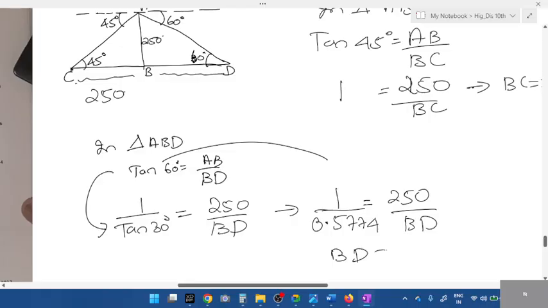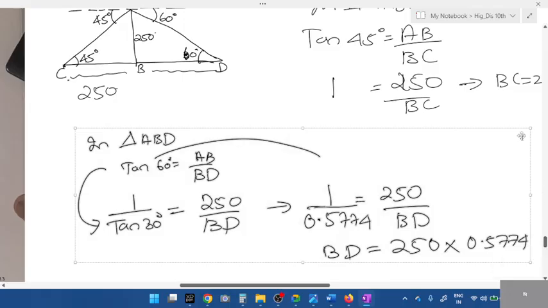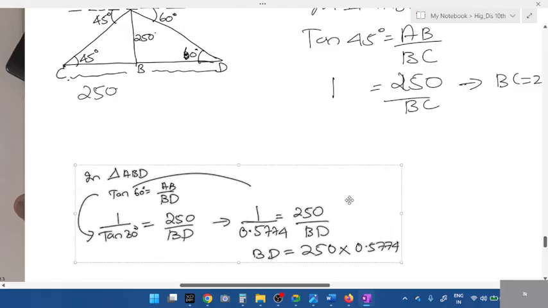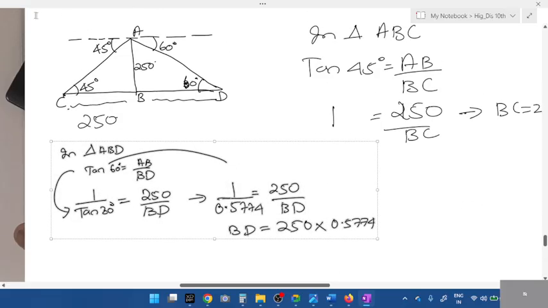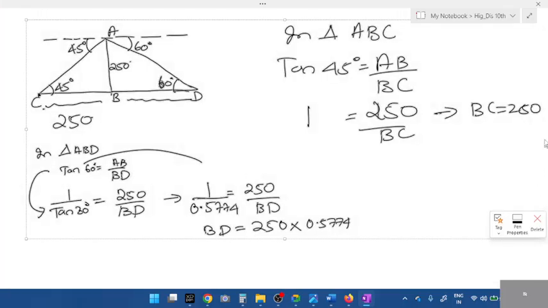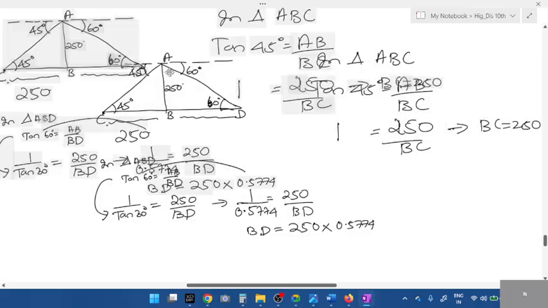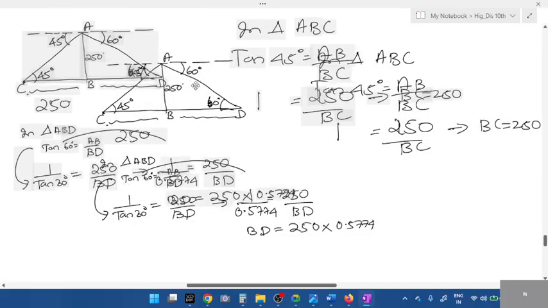So BD is equal to 250 into what? 0.5774. Is this clear? All of you understood? This is how you solve it. Make a note, students. I'll teach you the calculation. Make a note of this. Be quick. There are two more questions.